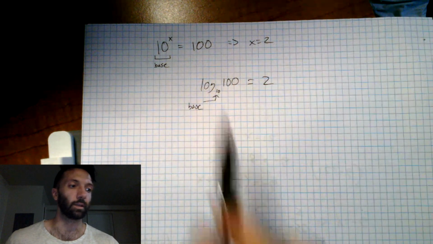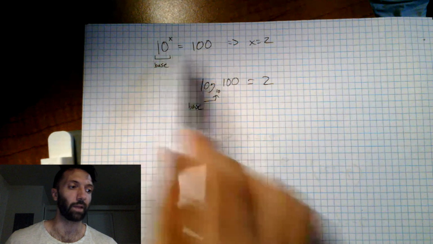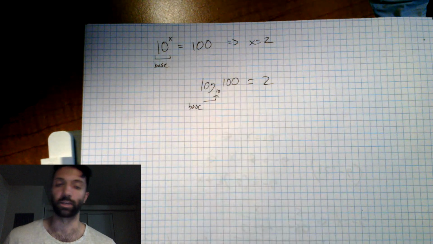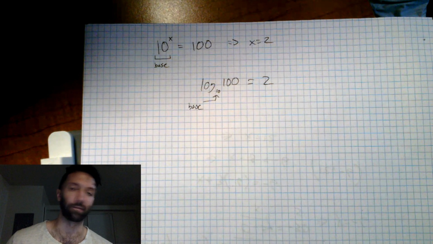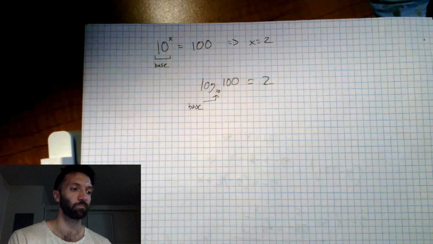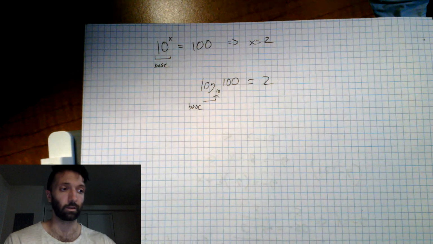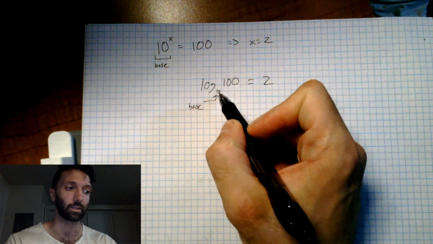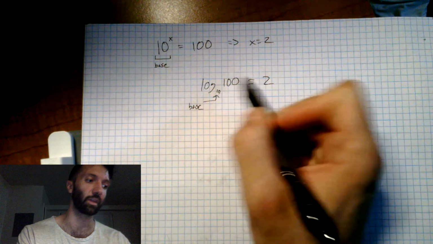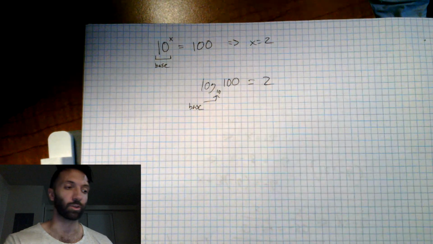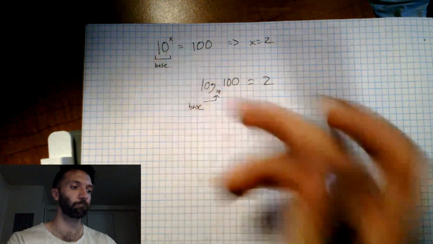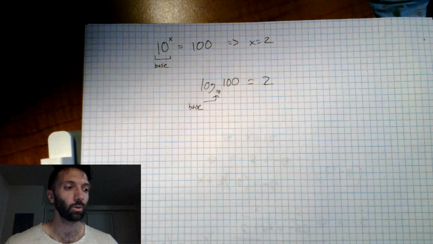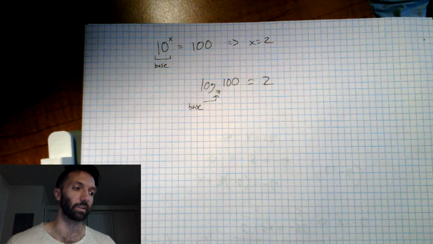So as you can see, this equation and this equation represent the same situation. You just have to interpret it a little bit differently. The key is to put together that this is the base. So whenever you're trying to think about which number is which, the subscript represents this number here. So we'll do several of these.